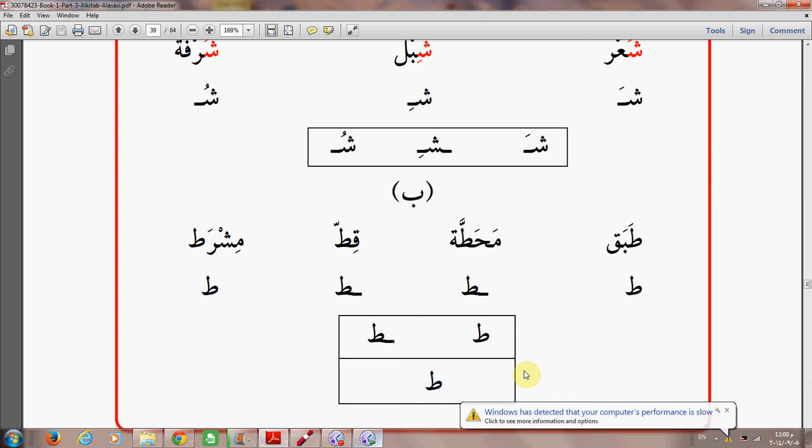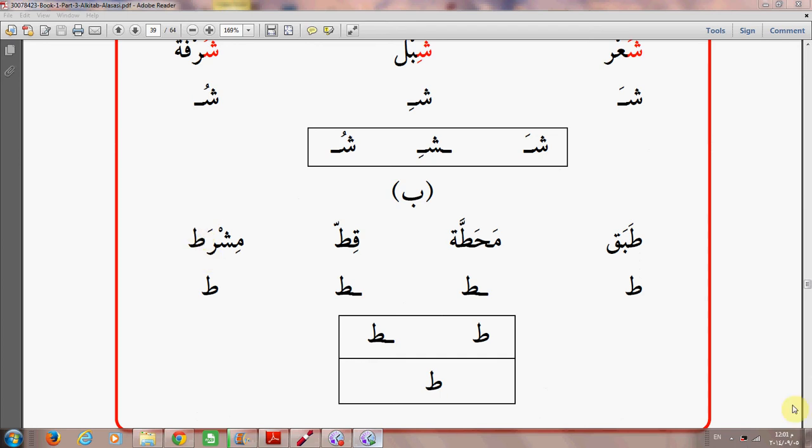Do you remember مشرط? This is the doctor's knife in the operation. So it looks like this when it's written in the middle or at the end, and as a first letter as well, and after one of the naughty letters, which is ra.